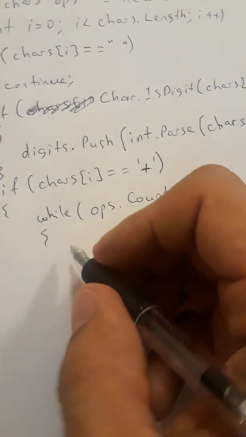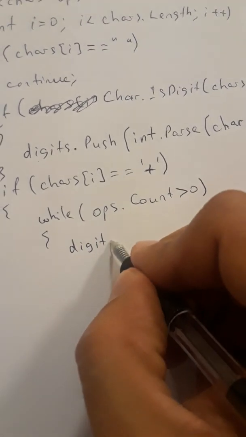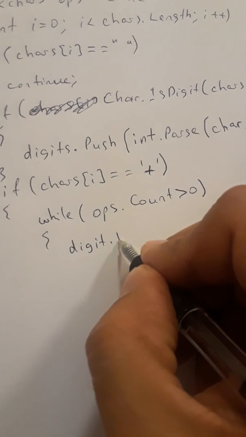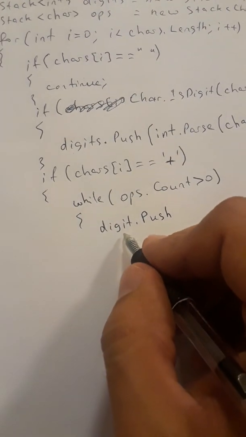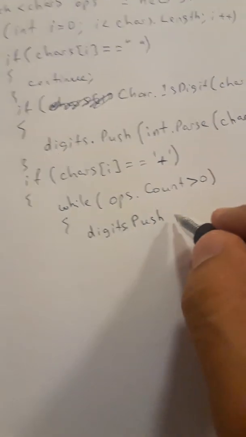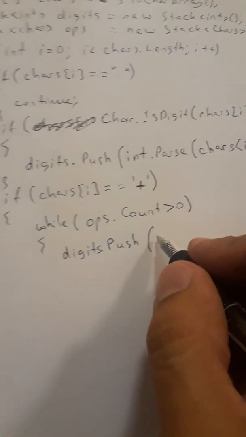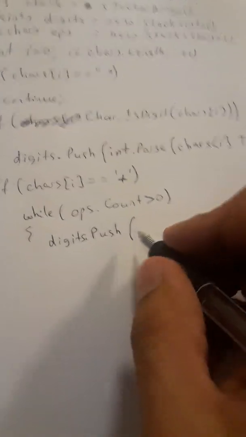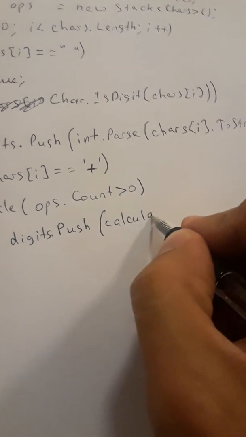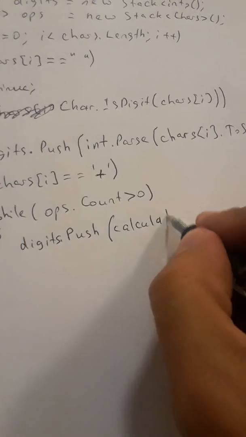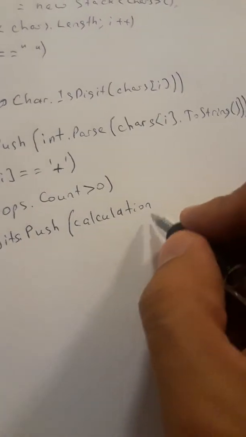If it is, we will push to our digit stack the value of the evaluated result. For it we will use our helper function, which I will show you in just a minute.